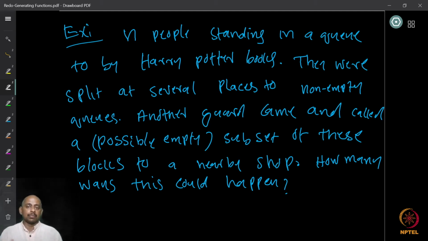Some clerk or somebody comes and says, okay, you are standing in a queue, let us split you into several parts by putting some barricades in between. Then another guard comes and calls some subset of these blocks of people. So they have several blocks of people. The queue is partitioned into several blocks.